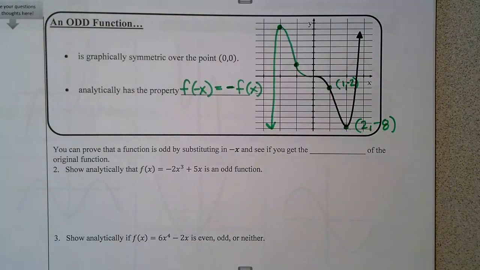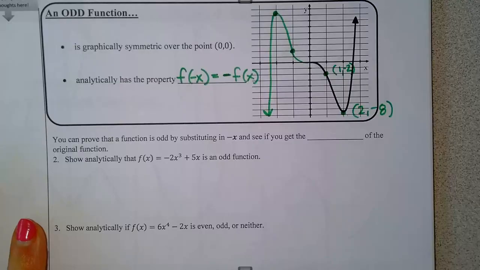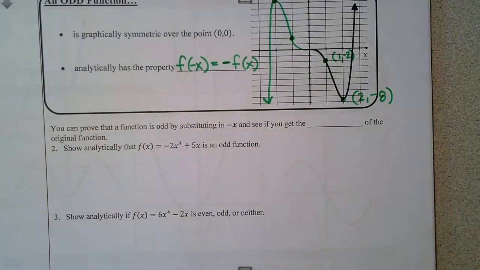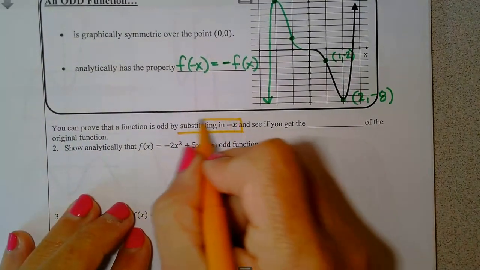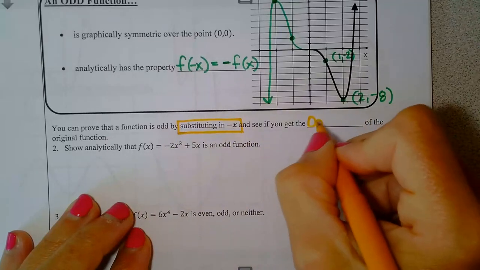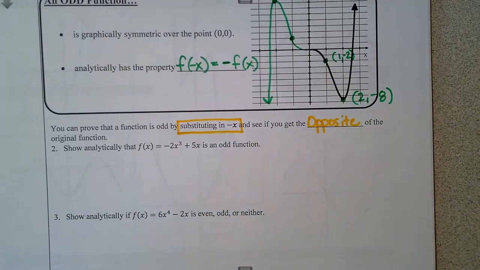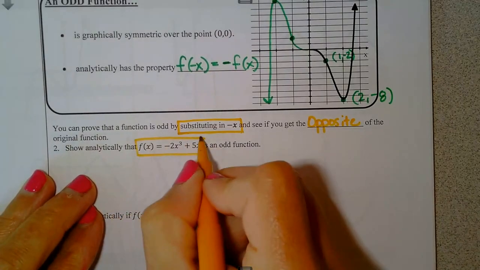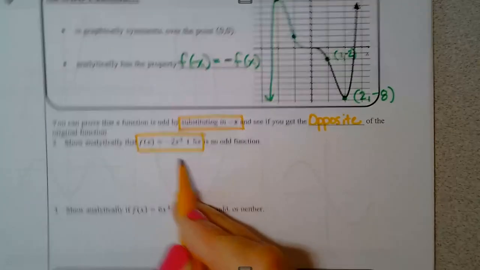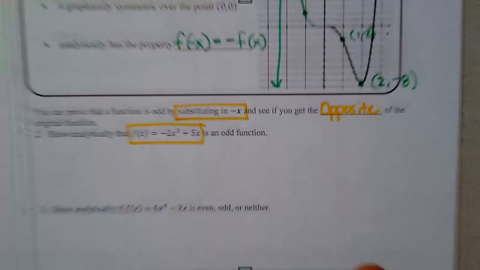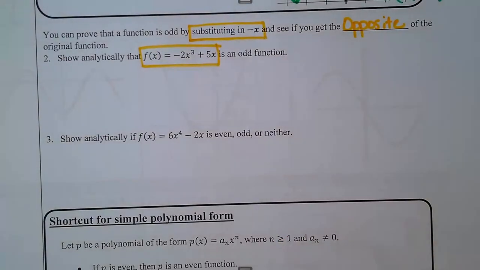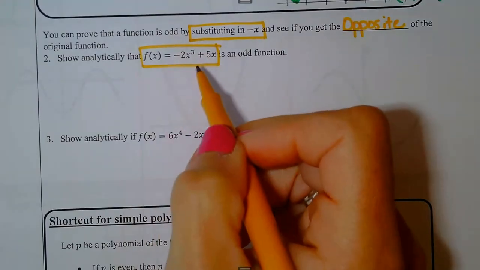So what this looks like for this next problem is you're still substituting in negative x, but you're going to get the opposite of the function. Do you see how this has 2 parts? It has a negative 2x to the 3rd and then plus 5x. Both of those things have to change.